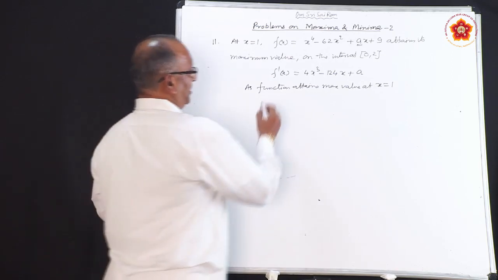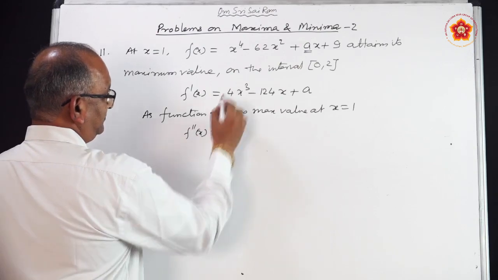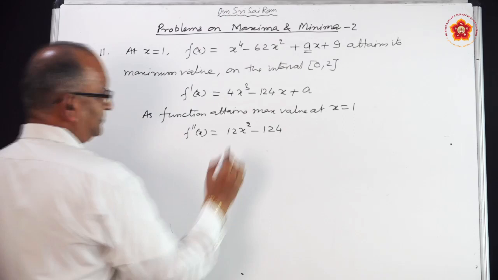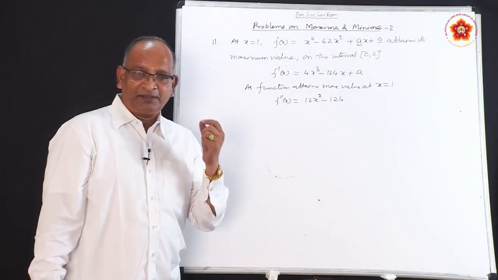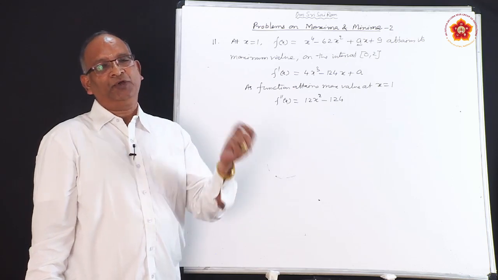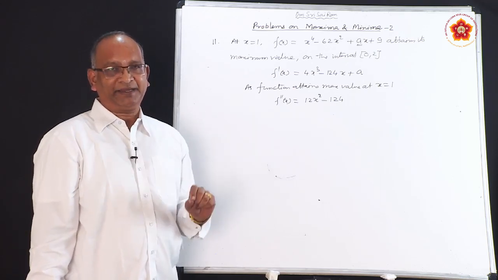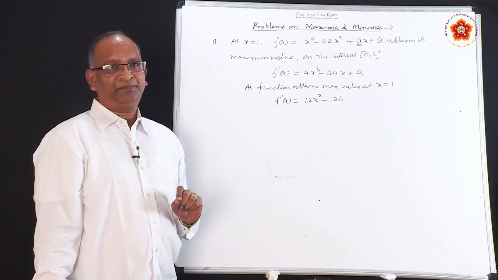What you do is also find out f double dash x. And what did we say? We say that the second derivative is going to be negative if it is a point of maxima.